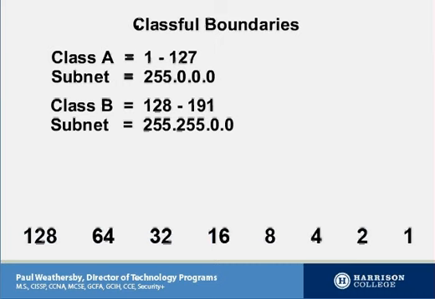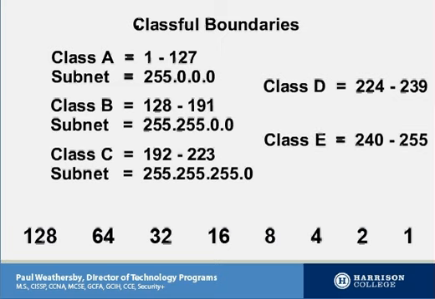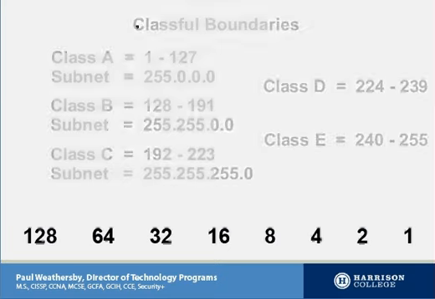Class C would be 192 through 223 with a default subnet mask of 255.255.255.0. Class D addresses have an address between 224 and 239 within the first octet. Those are for multicast. And Class E, which is experimental, have addresses between 240 and 255.